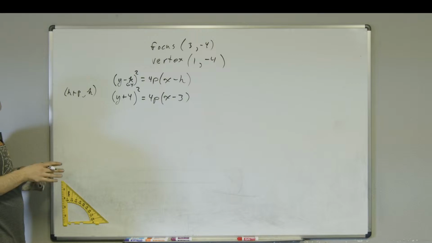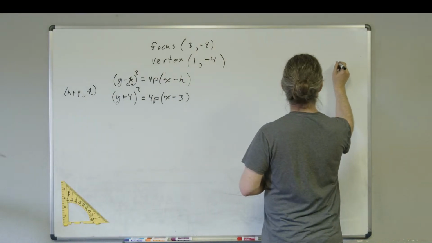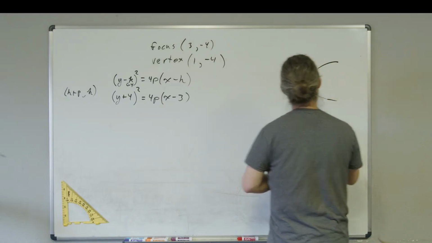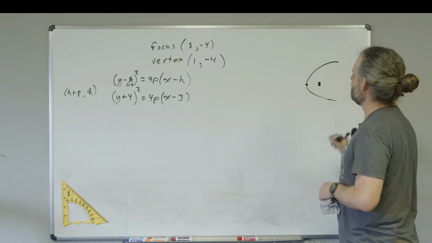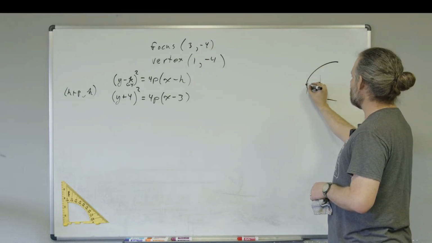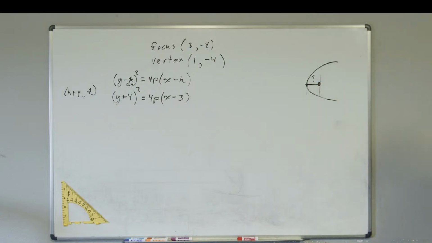So let me tell you this in a different way. So maybe we've got vertex here, focus here. What do I need to know to get from here to here? This distance, right? So that's the distance I want to know. What is that distance?